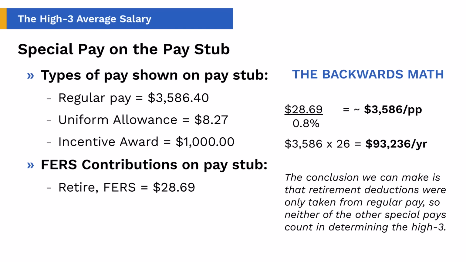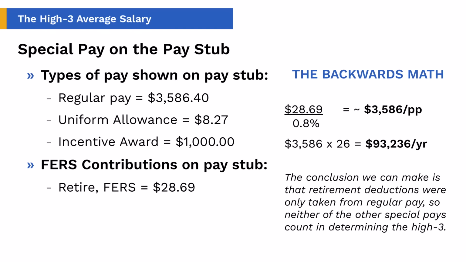We're off by a couple of cents, but good government rounding never hurt anybody, I guess. So we're looking at that $35.86. Well, if we look to the right-hand side, that's just the regular pay. So that 0.8% was only taken from the regular pay that this employee is receiving, which by default means it wasn't taken from the uniform allowance and it wasn't taken from the incentive award.